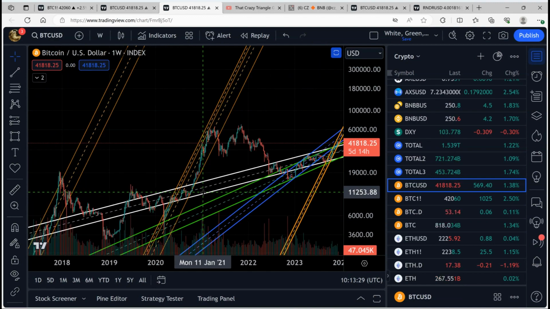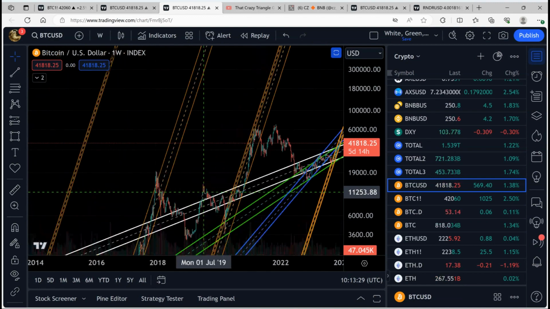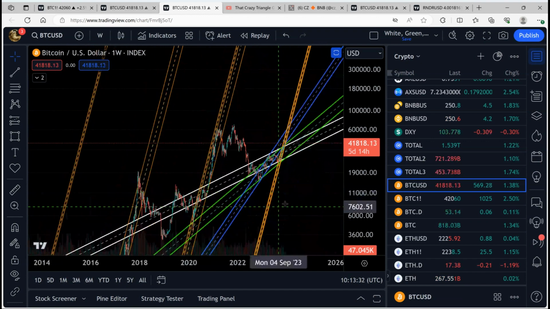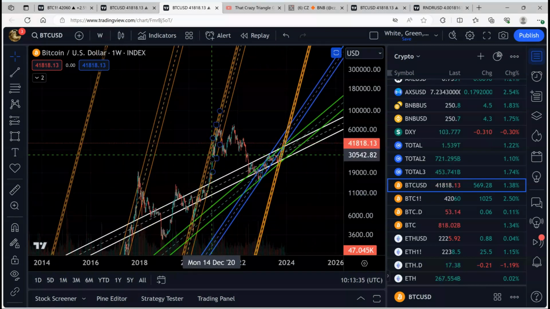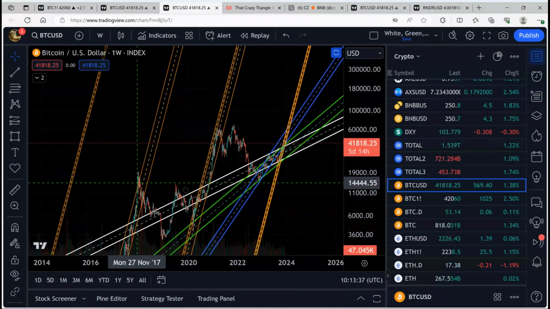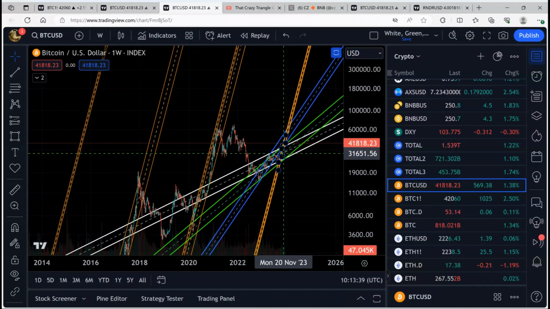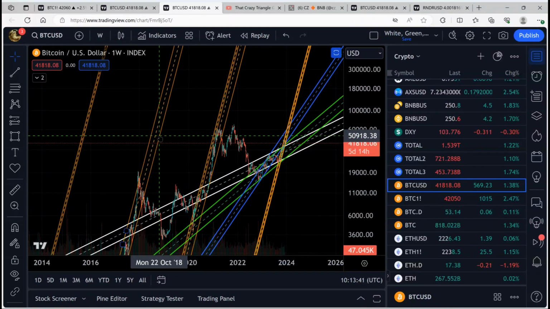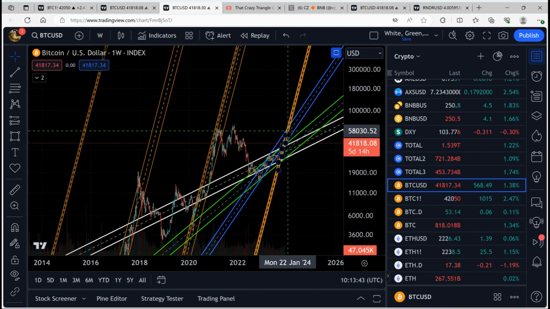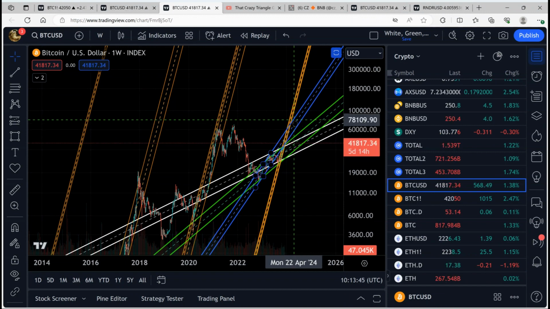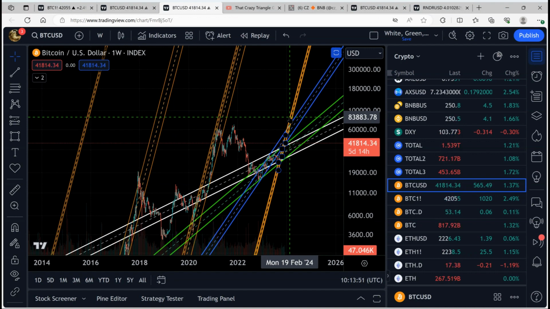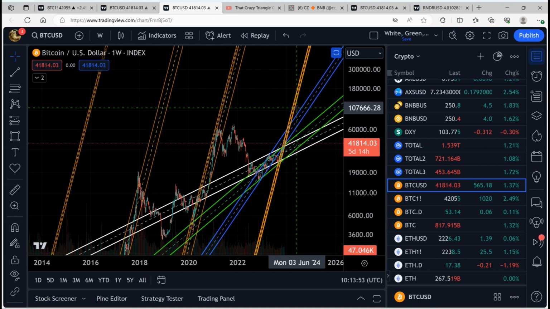But if you'll notice, all these channels are perfectly parallel with one another. I cloned them all off of this one right here. And I just widened these because in reality, this squishy little channel should be much wider.